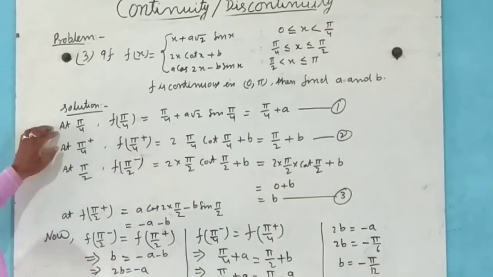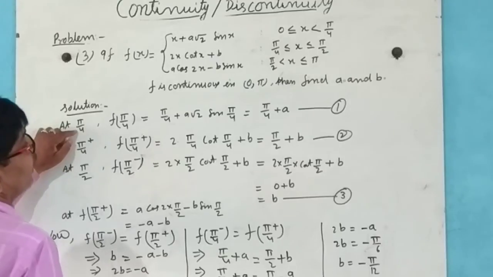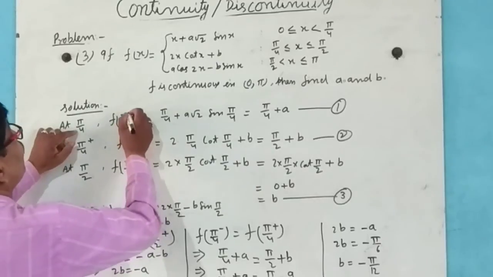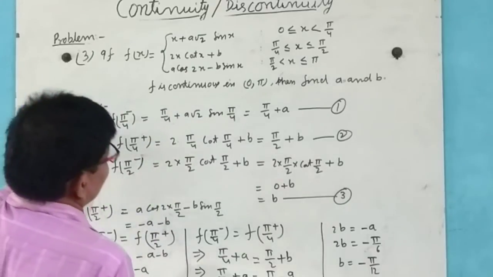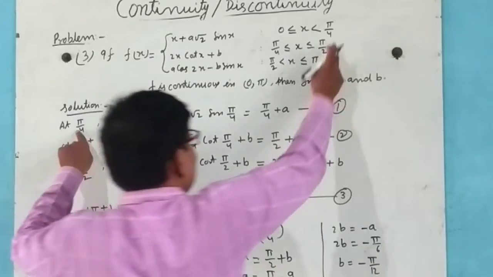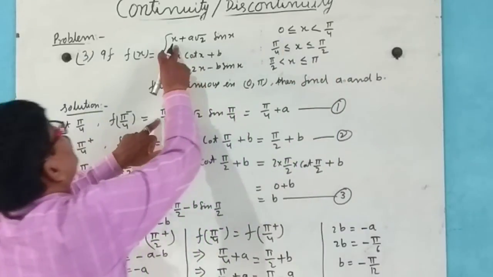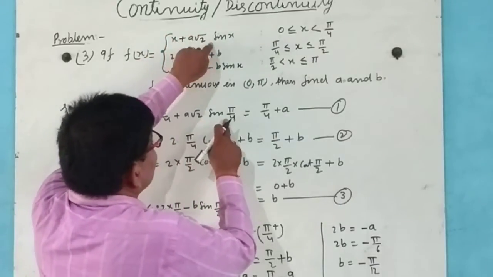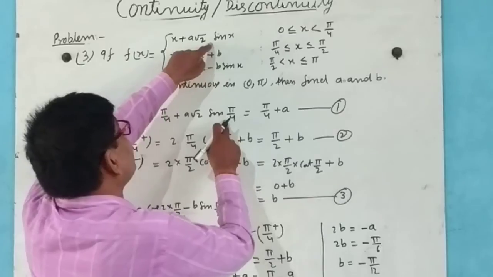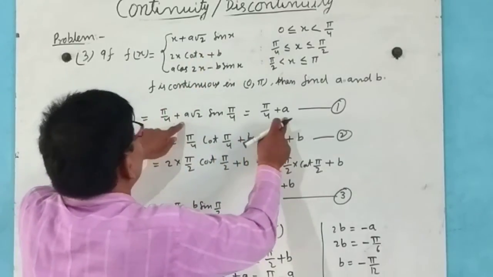Now at the point pi by 4, on the left side, we put x equal to pi by 4, and a root 2 sin pi by 4 equals a root 2 times 1 by under root 2, which cancels, so that we get pi by 4 plus a.